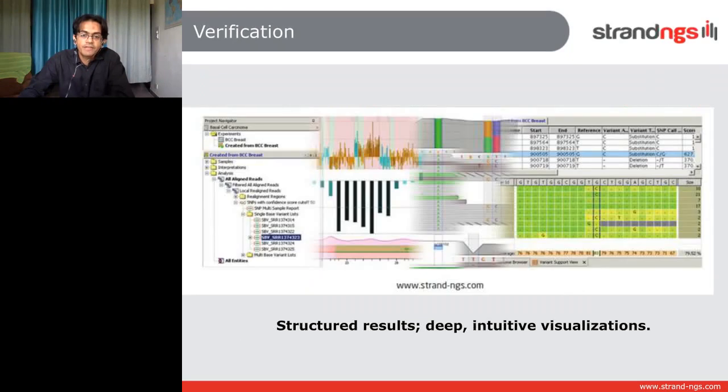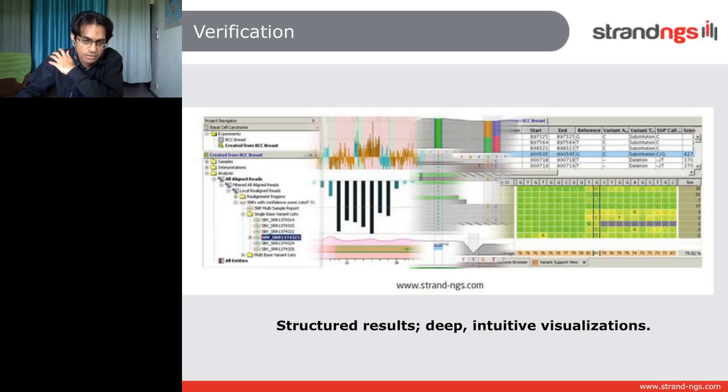And finally, verification. We have a lot of deep and intuitive visualizations. We've worked on our visualization for a long time now, again in collaboration with the clinical genomics team. We've worked long and hard on visualization. So that's one aspect. The other aspect is just the structure.